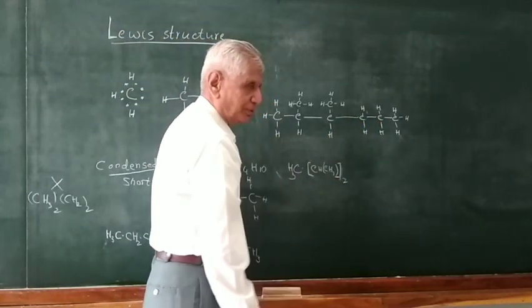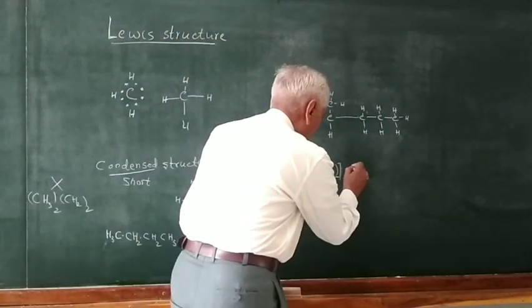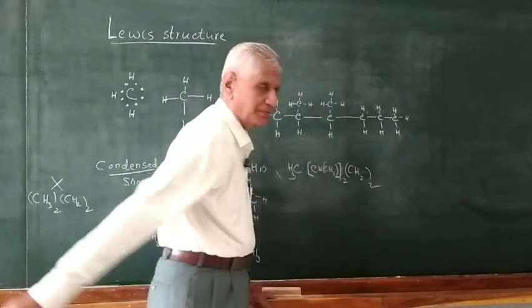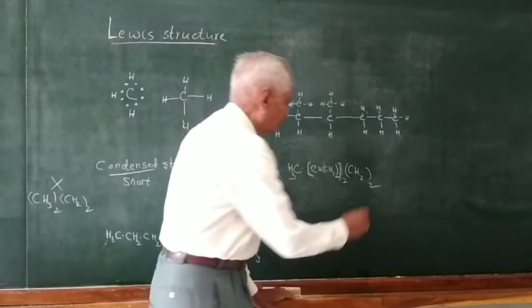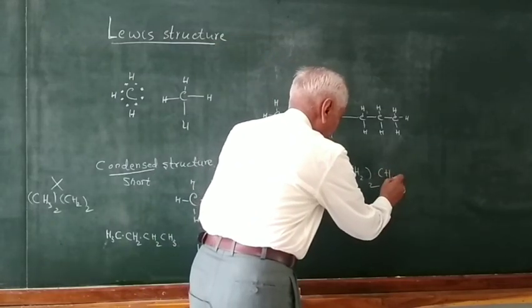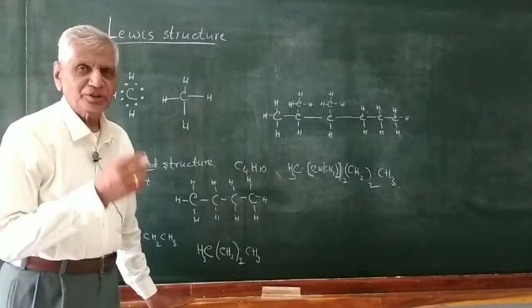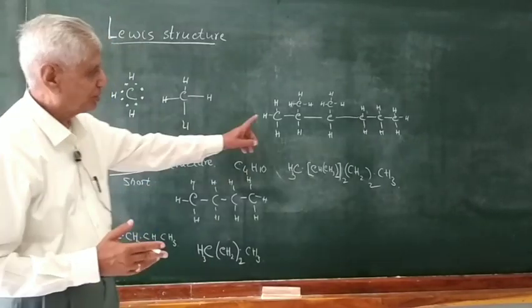CH2, CH2. So you write here CH2 twice, CH3. So this is called the condensed structure for this Lewis structure.